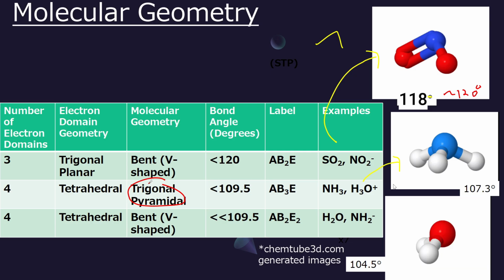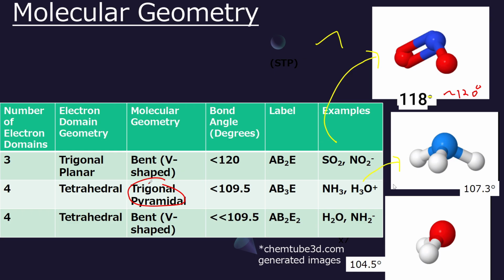Next, tetrahedral. What if we have two non-bonding pairs? Well, this is going to be AB2E2, something like H2O, water, very common, or NH2-. It's like ammonia that's lost a hydrogen or an H+. So this is also going to create a bent molecule, but the two lone pairs are going to push the bonding pairs even closer than any of the previous examples.